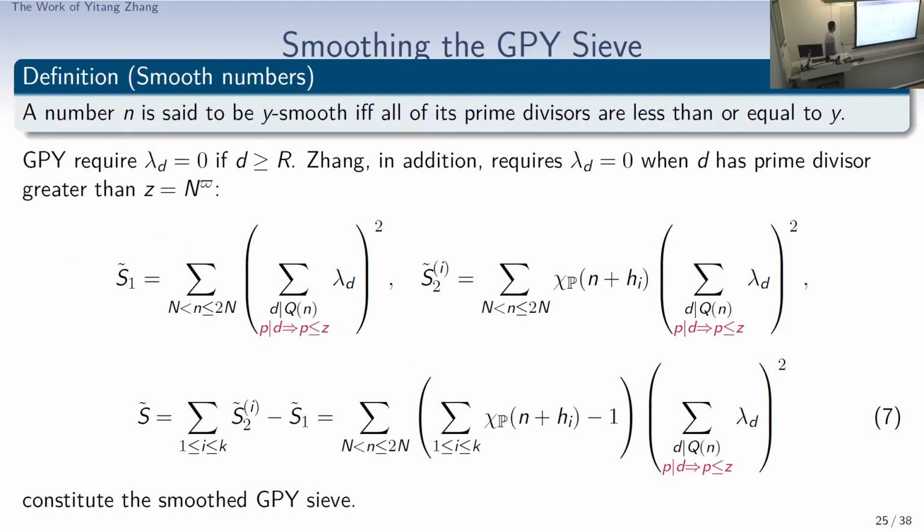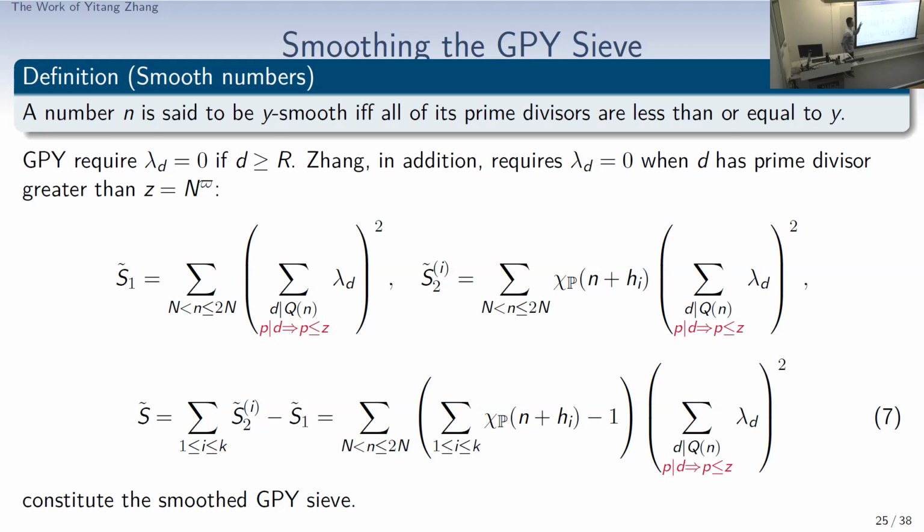Zhang's method consists of a concept called a smooth number. By smooth, it means that this number does not have large prime divisors. So in the sieve situation, we want those integers to have only large prime divisors, but in this situation, we only want them to have small prime divisors. In the GPY situation, lambda d equals 0 when d is large.